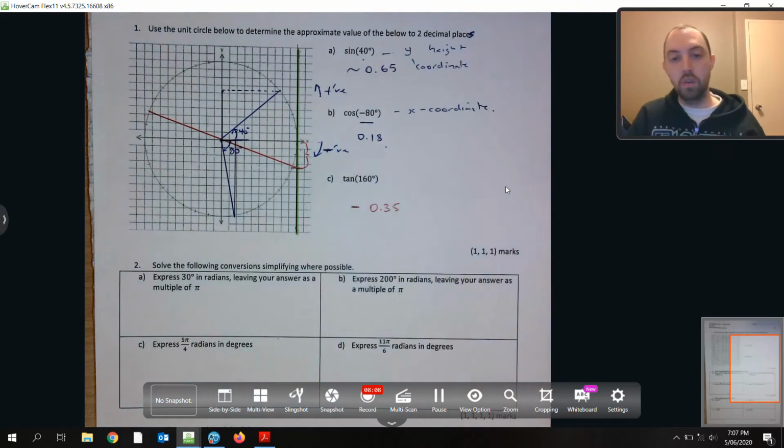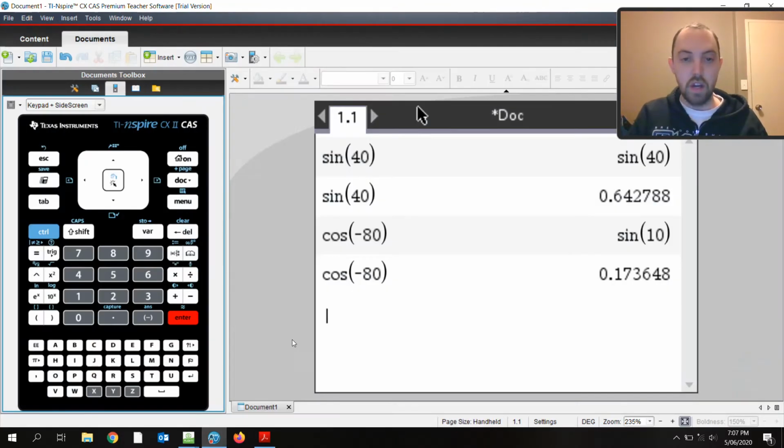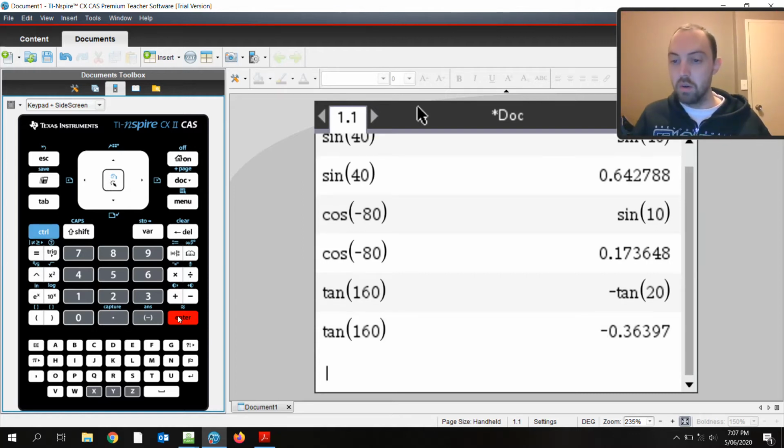Go halfway through, and for the sake of checking for the video, tan of 160. I'm going to keep doing that on it. Negative 0.36.